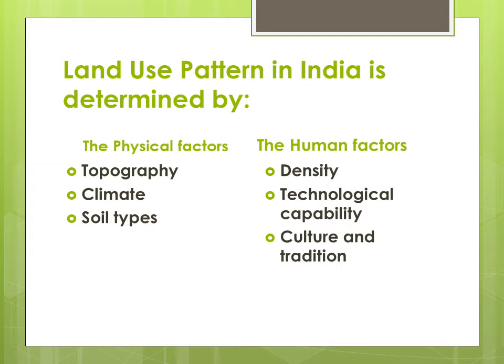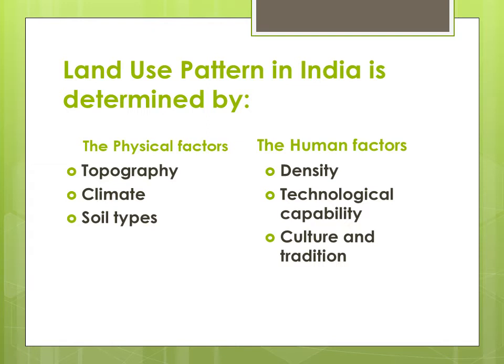The second factor is the human factor, that is the density of human beings, how many people live in the area. Technological capability: if the area is well developed in technology, the land usage pattern will be different than in an area with less technological development.